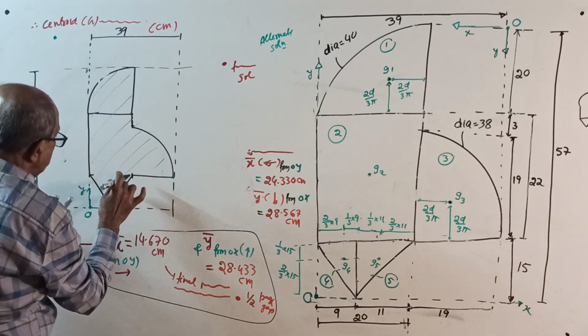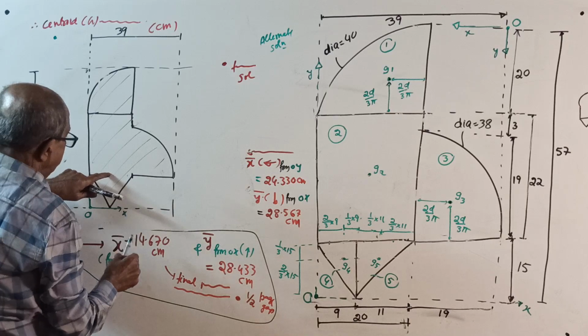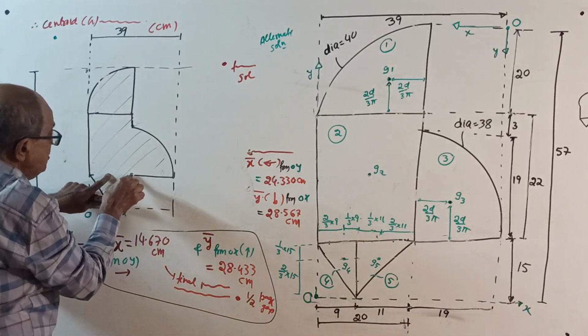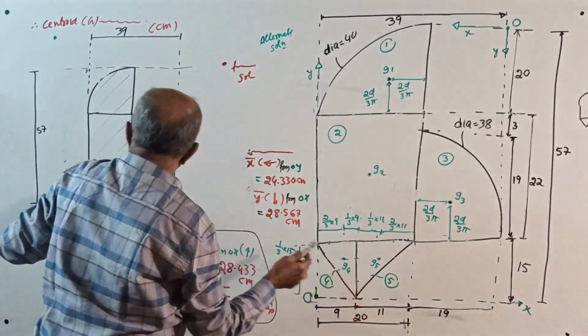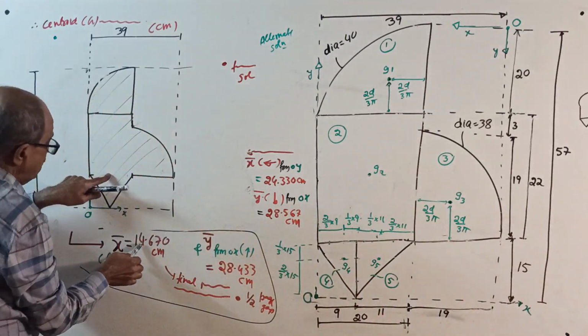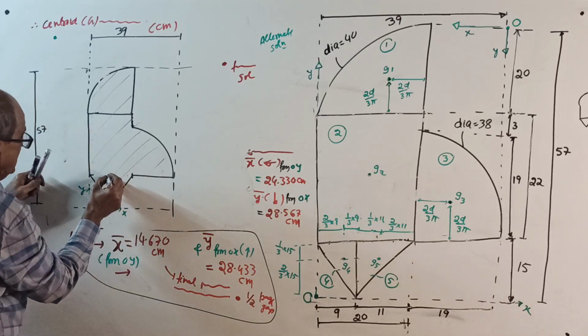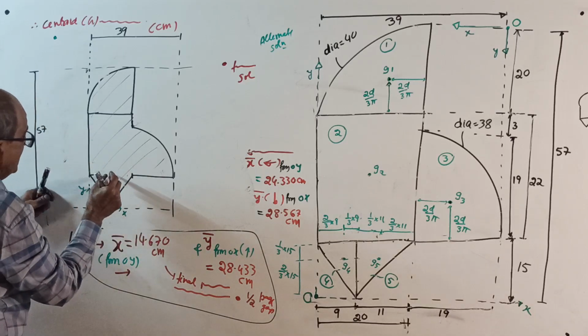Okay, 9. But from here up to here is how much? 20 is there. So answer you got 14.670. So it will cross this point, go slightly more.